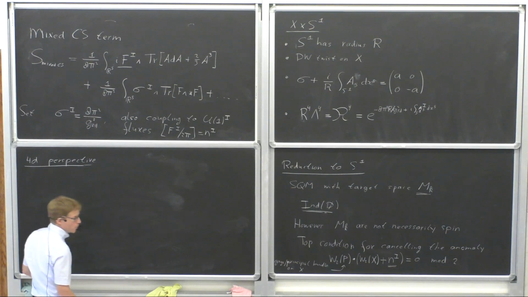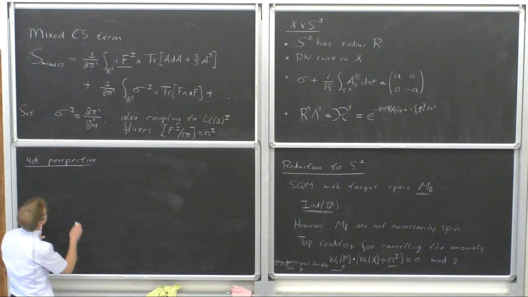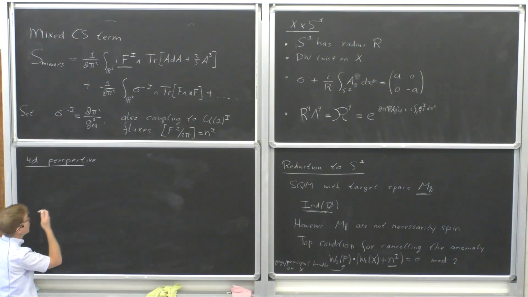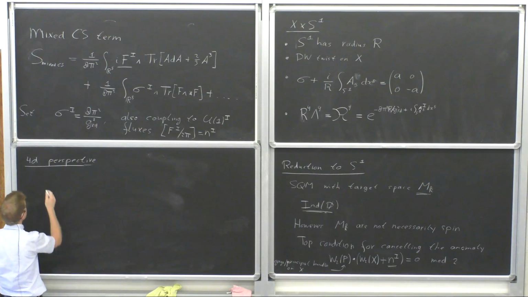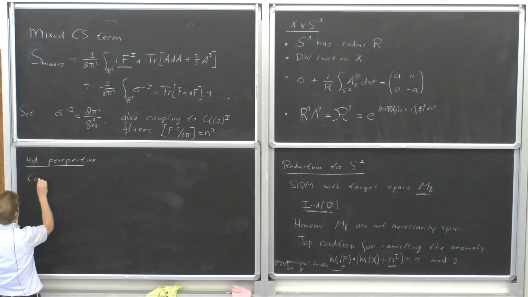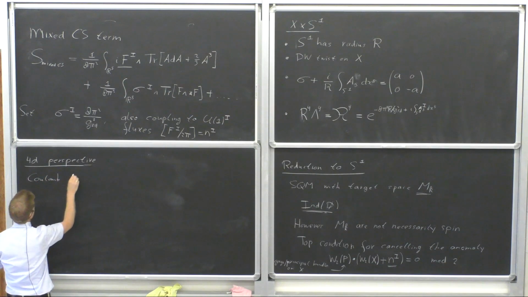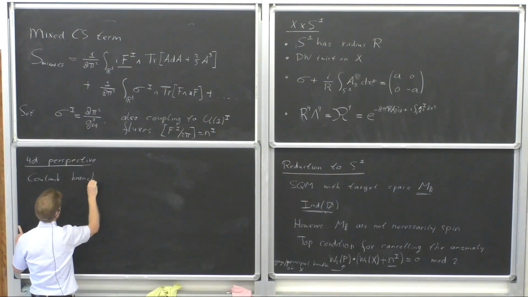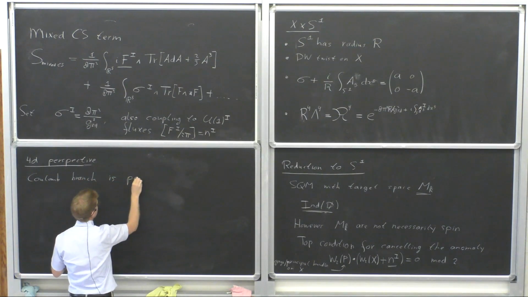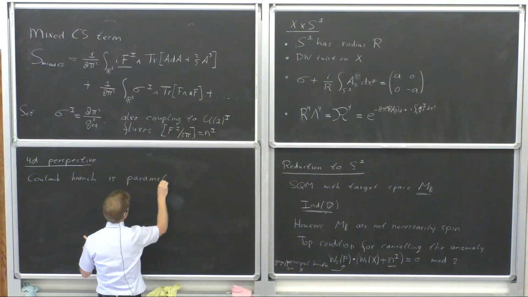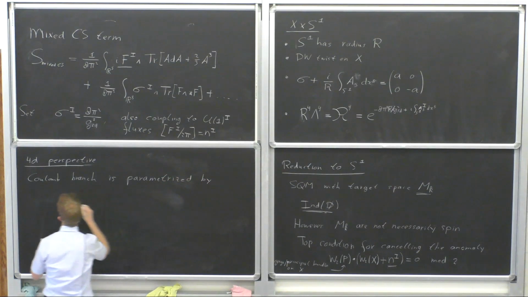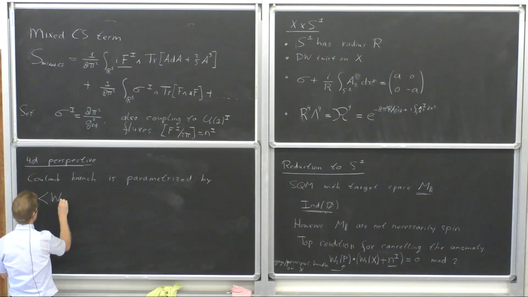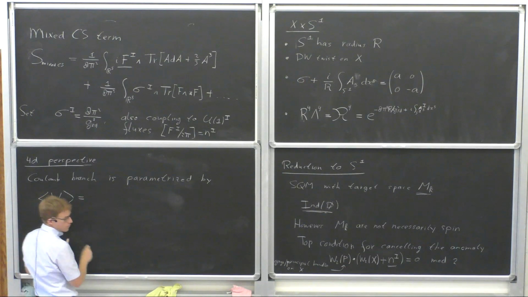So the Coulomb branches of these theories on R^3 times S1 are parameterized by the vev of the Wilson line in the fundamental representation.